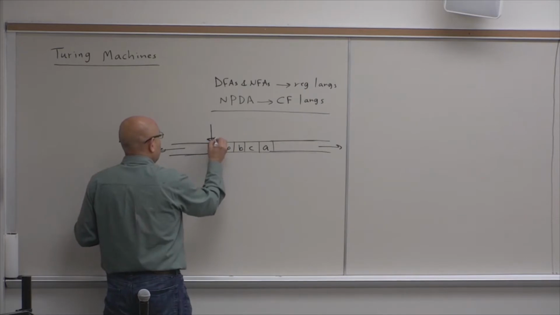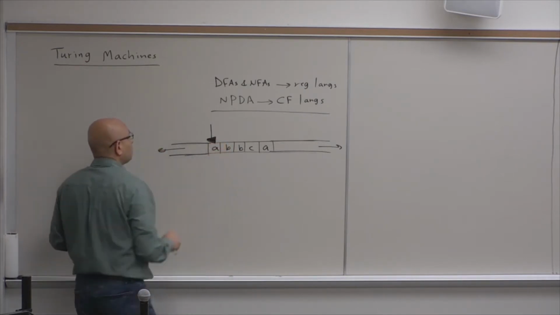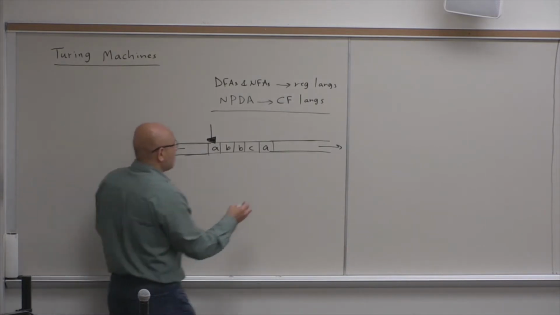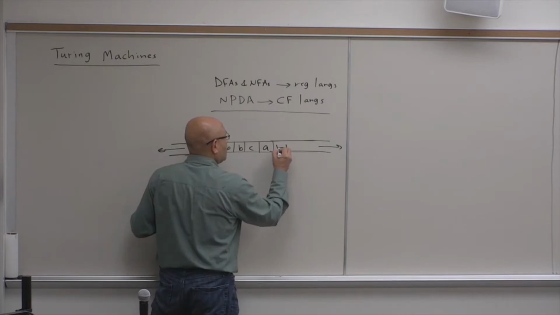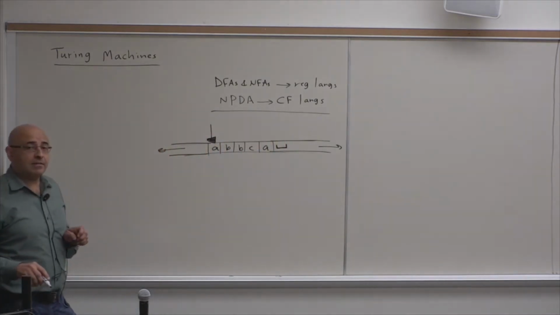But this Turing machine will have its head on the first symbol in the input string. And there is another symbol, like the blank, to mark the end of the string.